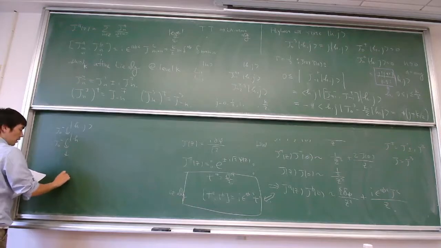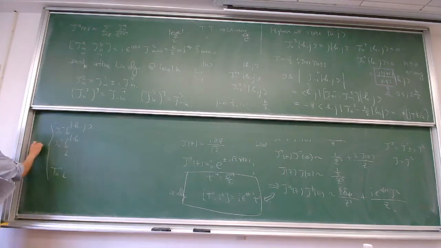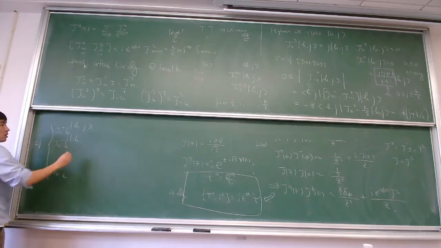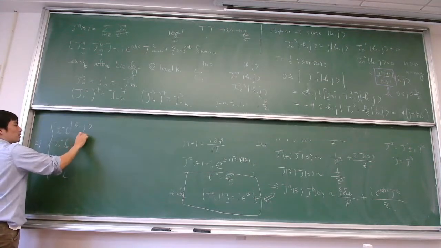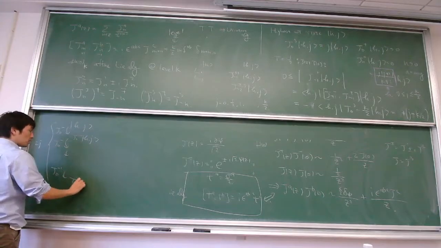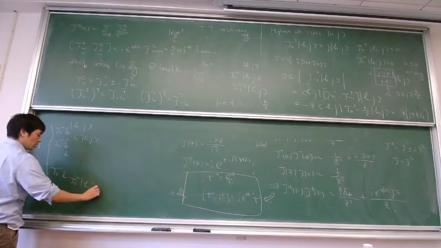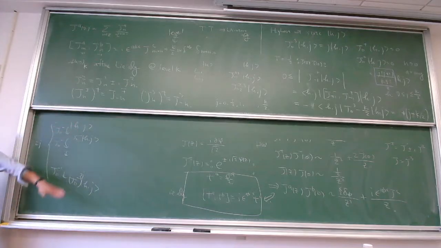And of course, at the end of the day, J0 minus can only act 2j times. Okay, so states |H j>, J0 minus |H j>, and so on, up to 2j. So in total, you have 2j plus 1 states in the 0 mode.